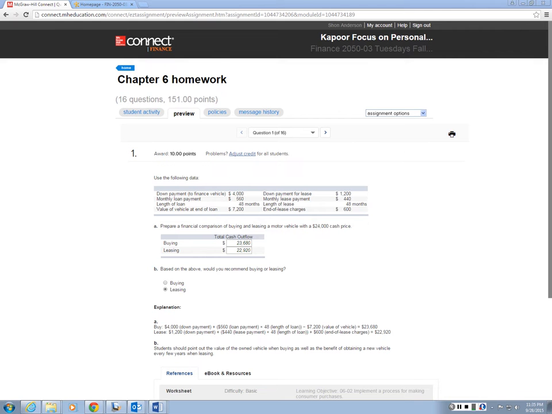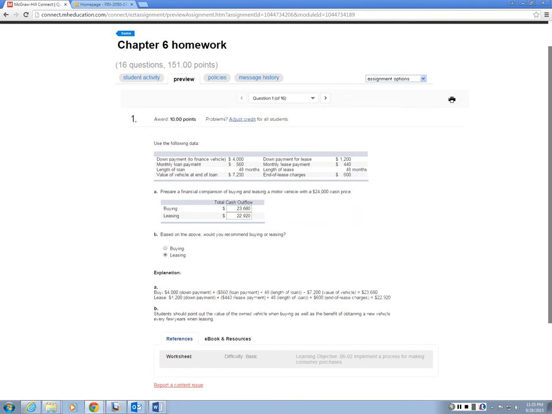Question 1. We've got the following data. We want to calculate what's the financial decision based on this data that would benefit us most. So we need to look at total cash outflows of buying versus lease. And buying would be $23,680.